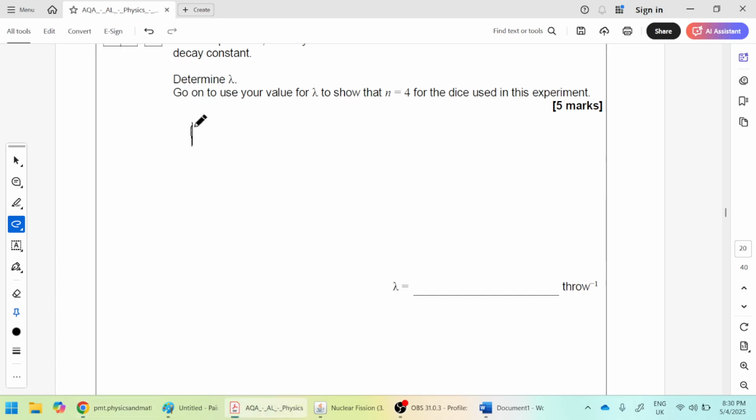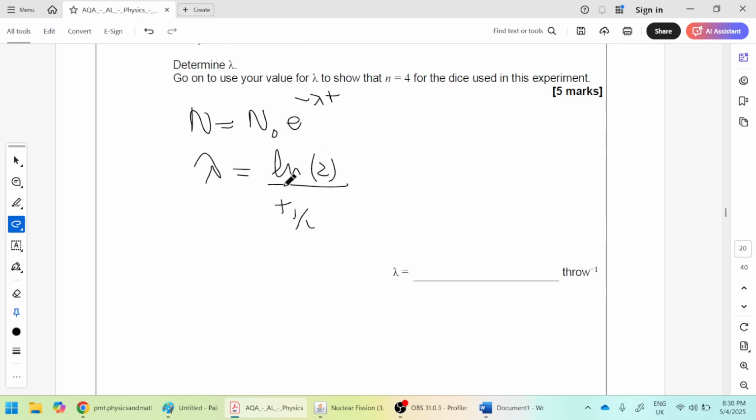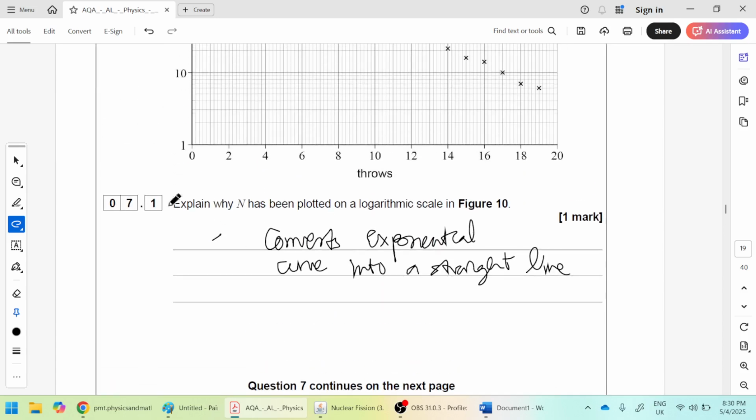One is N equals N naught e to the power minus lambda t. And the other one is lambda equals ln 2 over half-life. The most straightforward one here, I think, is this one, the half-life.